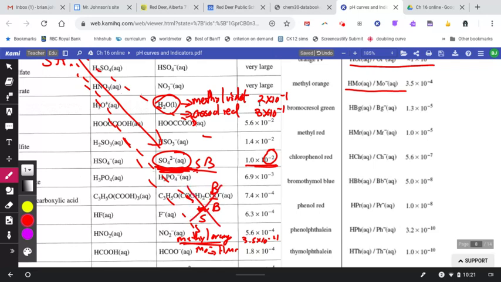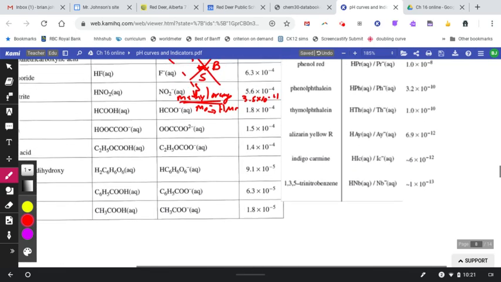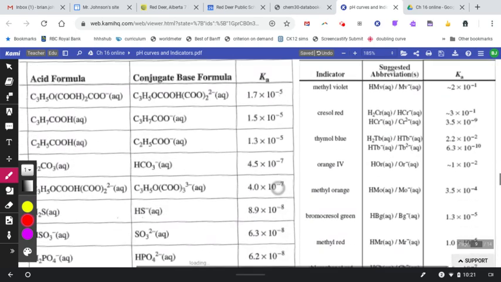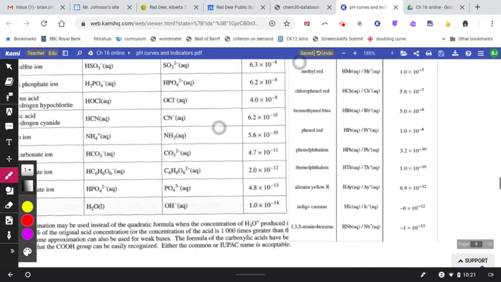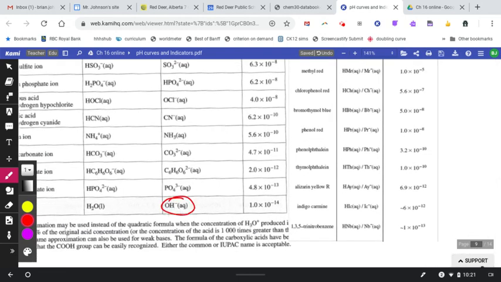No good. Okay, now let's flip it around and do the opposite. So now I'm going to add a strong base, hydroxide, to this acid. So this is our titration. We have a strong base, and we have this weak acid. Do I want my indicator to sit in position A or B?